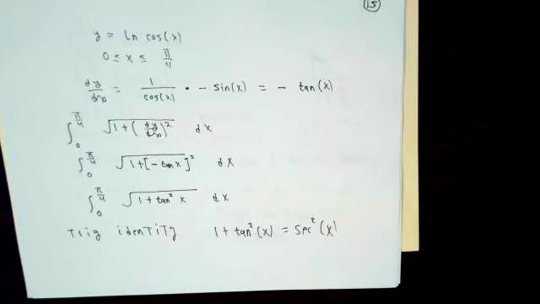The two negative signs cancel out, and I have to integrate from 0 to pi/4 the square root of 1 plus tangent squared of x dx. We have a trig identity involving 1 plus tangent squared. 1 plus tangent squared is secant squared. So this is going to let me rewrite my integral in terms of the secant.